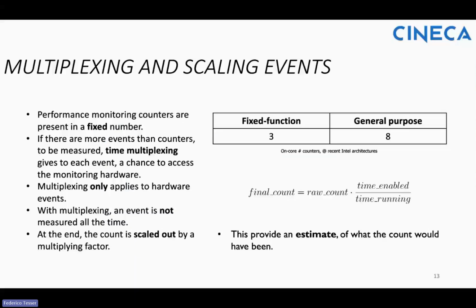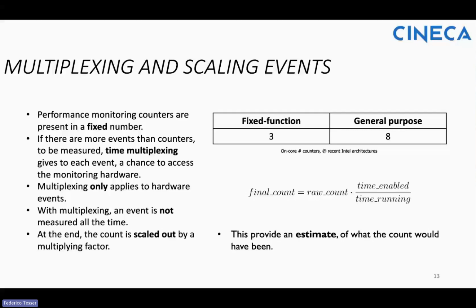So we said that perf can have a bigger or lesser overhead depending on whether you have multiplexing enabled or not. What actually is multiplexing? We have seen that in all architectures we have a fixed amount of performance monitoring counters: general purpose 8, fixed function 3. General purpose is 8 if you have hyperthreading disabled, so there should be 4 and 4 for each logical processor, and fixed function still remains 3.